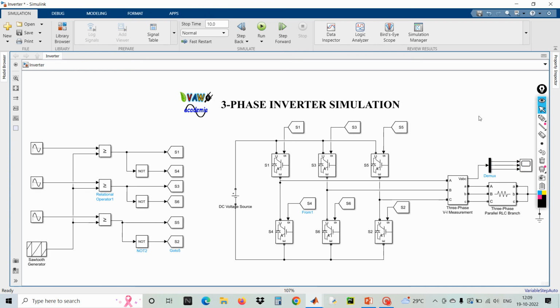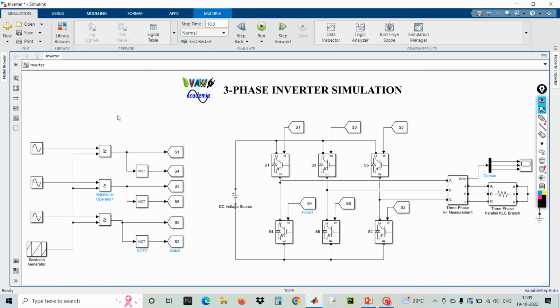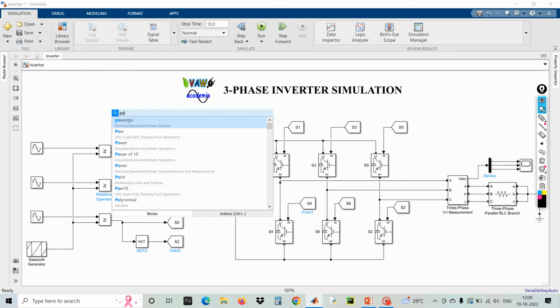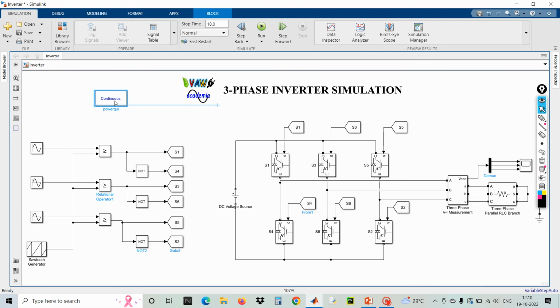That's it. Now the circuit is ready to execute. Only one more thing I have to do is add the solver configuration. There is nothing but a powergui. Powergui is mandatory, so let it be powergui.